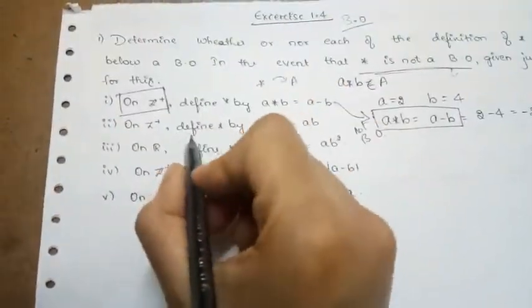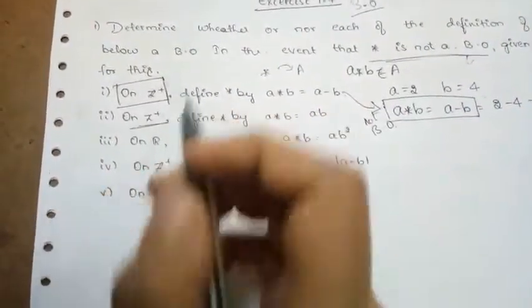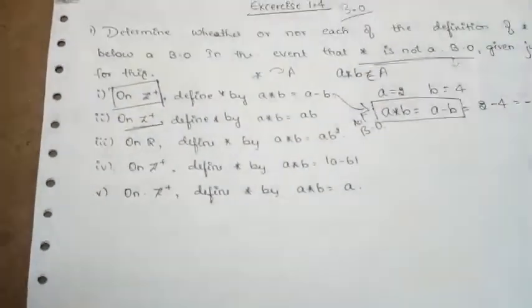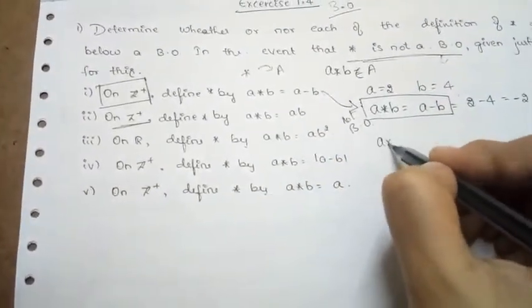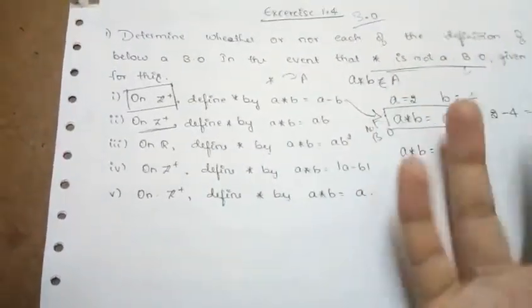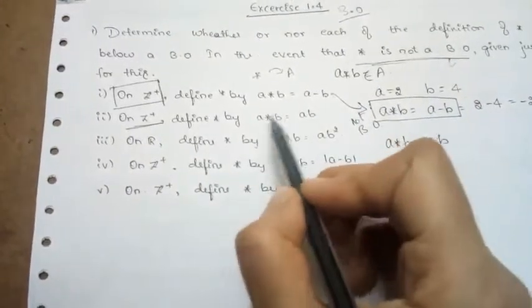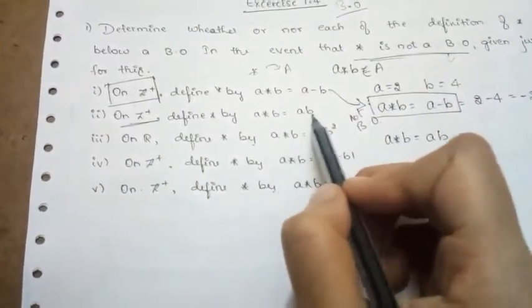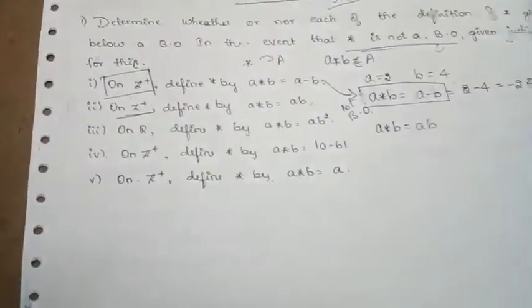So similarly, let us check the next one. Again here they have defined it upon the set of positive integers. How have they defined it? A star B is equal to AB. So think for a minute. If you take A as any positive integer and B as any positive integer, then the product of any two positive integers is always a positive integer.